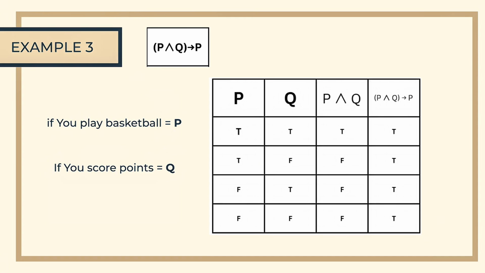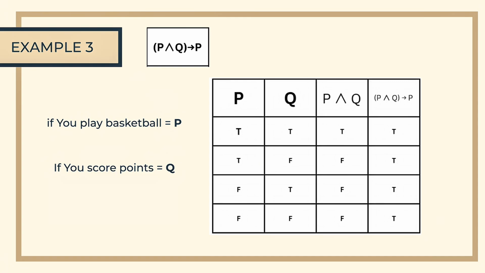You don't score points, Q equals false. So the condition, you play and score, is false. In logic, if the condition is false, the full if-then statement is automatically considered true, no matter what comes after. So this row is also true.